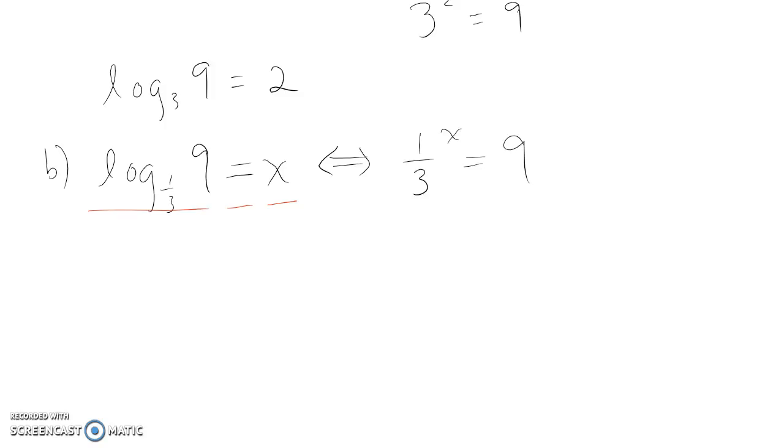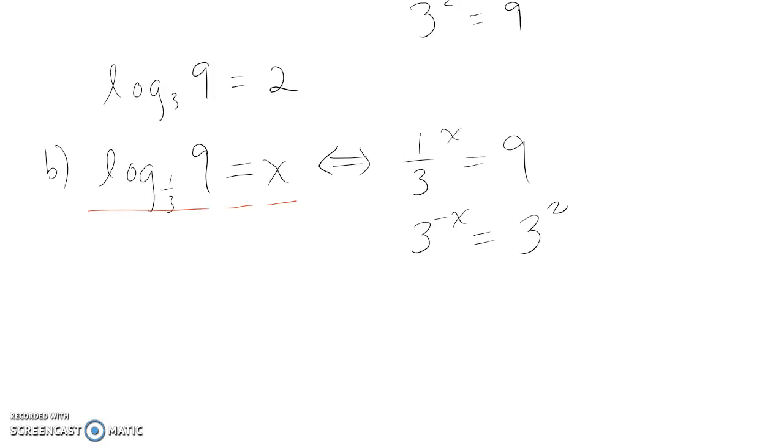Alright, when you're working on a problem like this, the idea is that you want to take both sides and write them in terms of the same base. So, can we write 1/3 to the x in a similar base as 9? Well, 1/3 to the x is the same as 3 to the negative x power, isn't it? And 9, I know, is 3 squared.